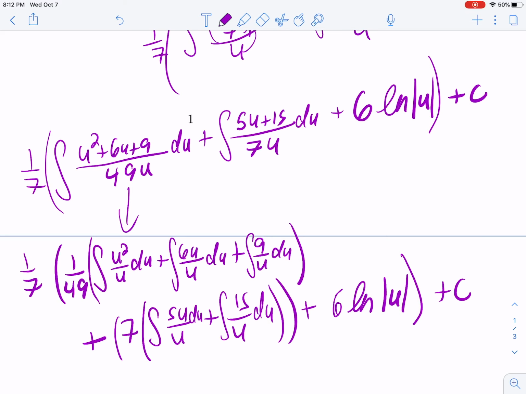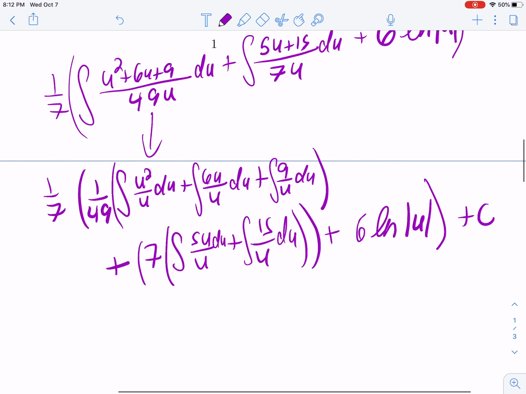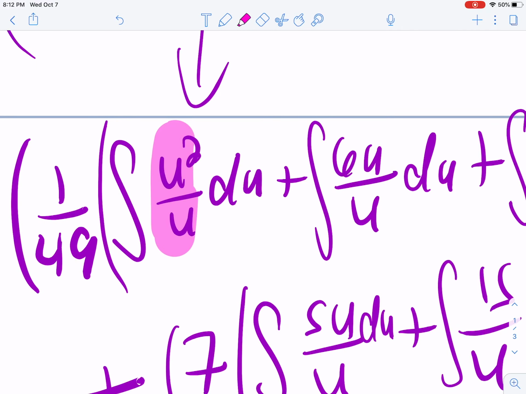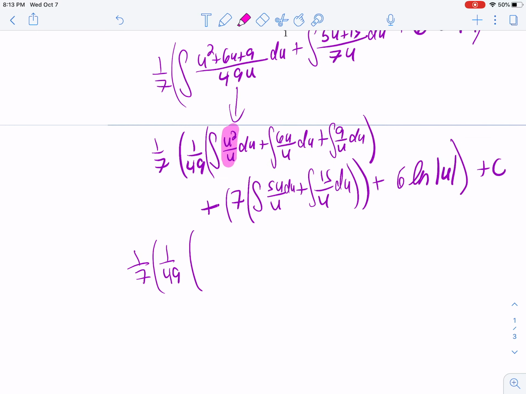All right, and now we have all these integrals to take. So we got 1 over 7 times 1 over 49 times, if you remember, so we simplify these two. u squared over u is just u. The integral of u is u squared over 2.